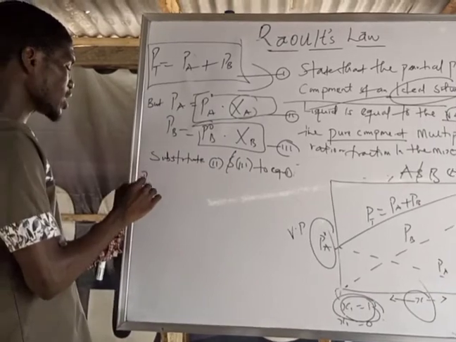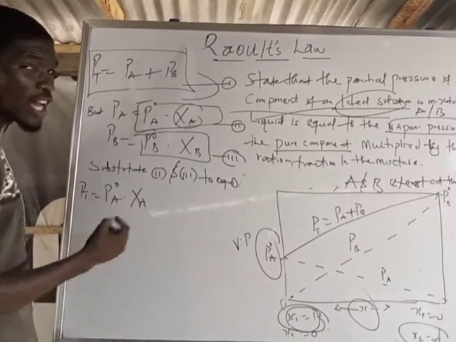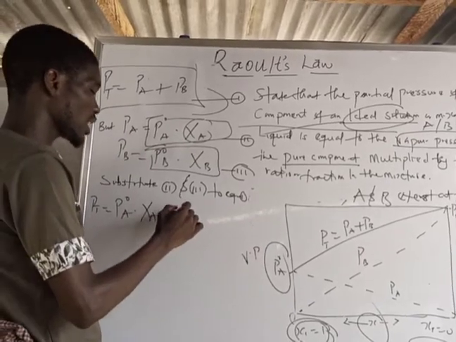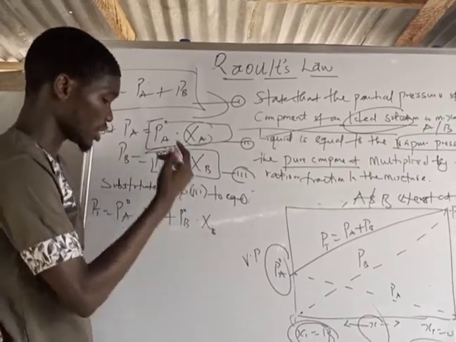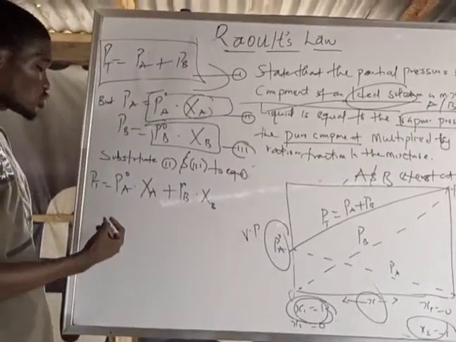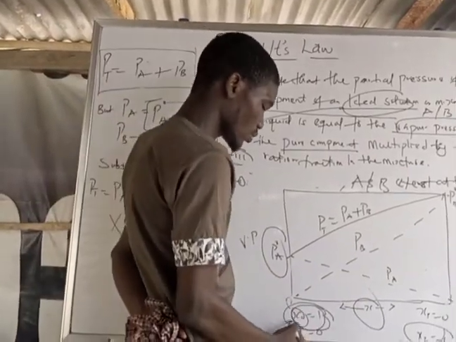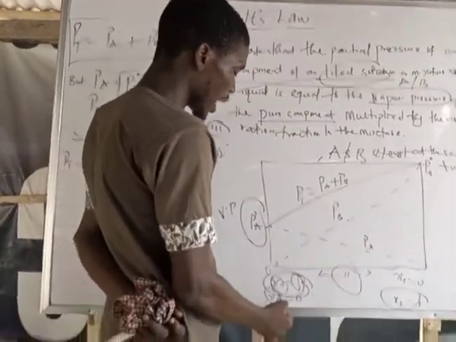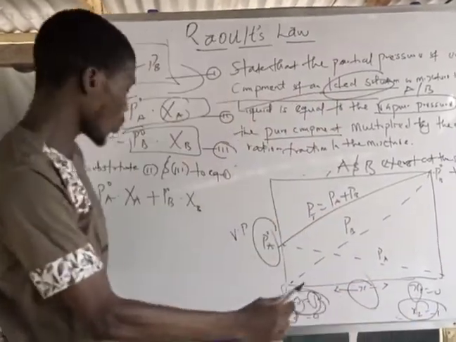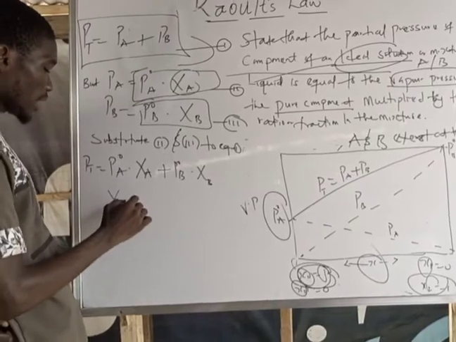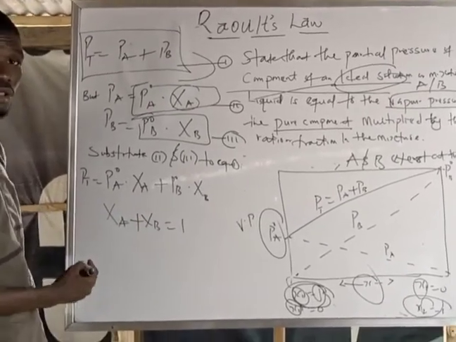So my PT is equal to P naught A multiplied by the mole fraction of A plus P naught B multiplied by the mole fraction of B. Now, in chemistry, we are meant to know that if we add the mole fractions together, we are going to have 1. So I said the mole fraction of A plus the mole fraction of B is equal to 1.